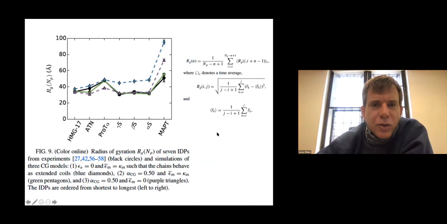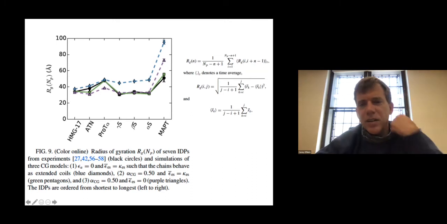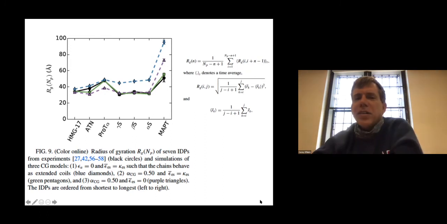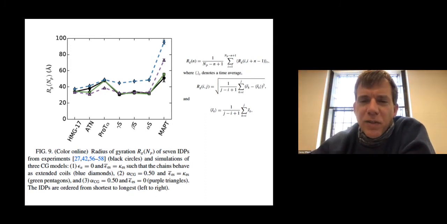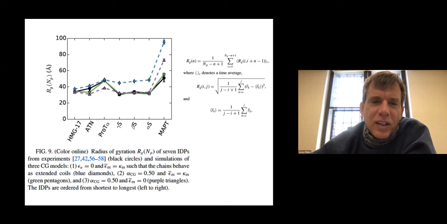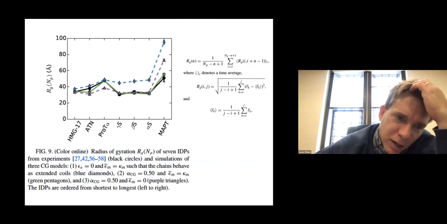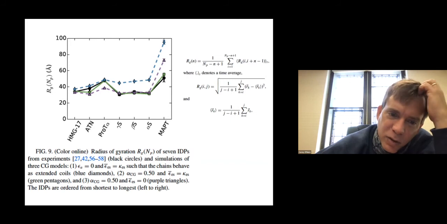So another thing that we can do is measure a more global quantity, but also measure quantities that aren't explicitly fit for. So we have a best fit model for each of the proteins that I discussed before. Then we can use that to calculate quantities that experiments didn't directly measure.